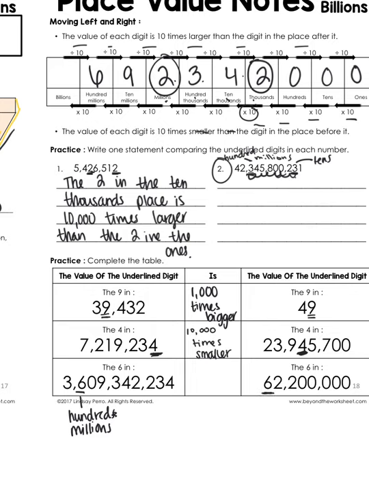This 6, if I go over ones, thousands, millions, is only in the 10 millions place. So really, they're only one place value apart. So this one is 10 times bigger because it's only one place value apart.